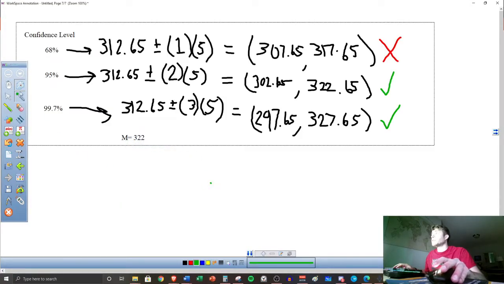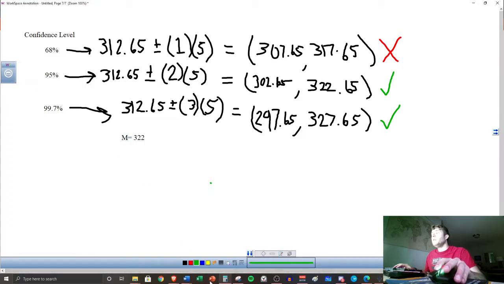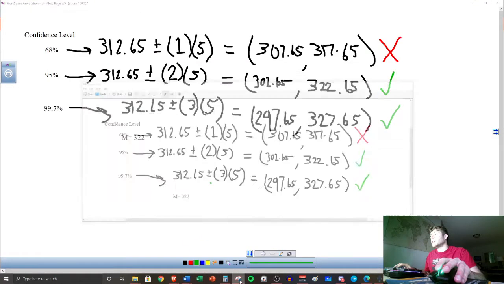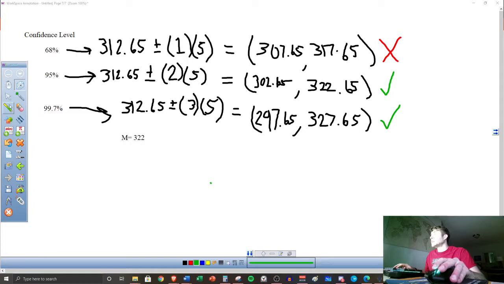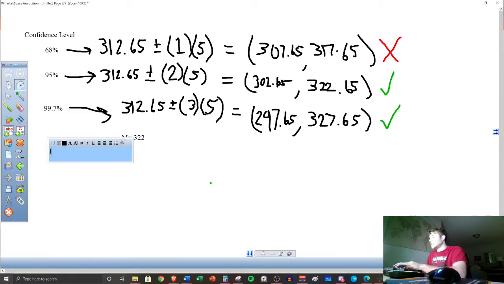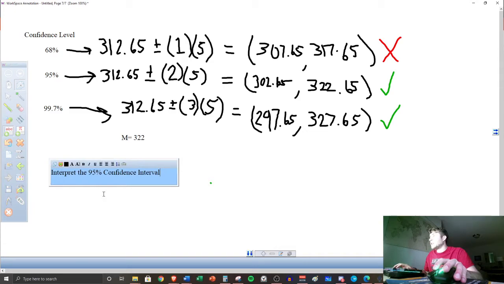Okay, so there's our confidence levels from the other day. So if we want to interpret, I'm going to write this. We're going to say interpret the 95% confidence interval. Okay, that's what we want to do.